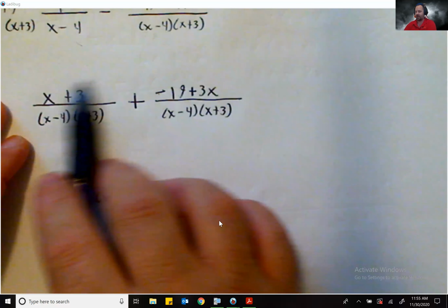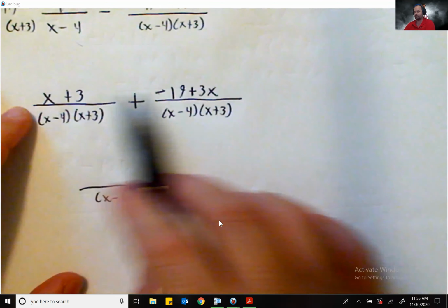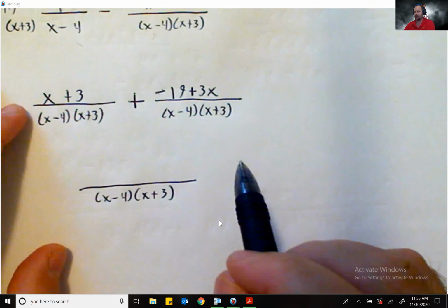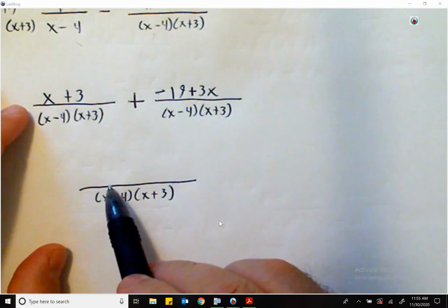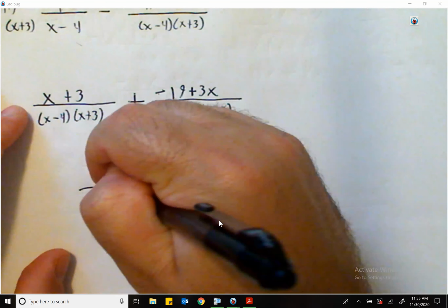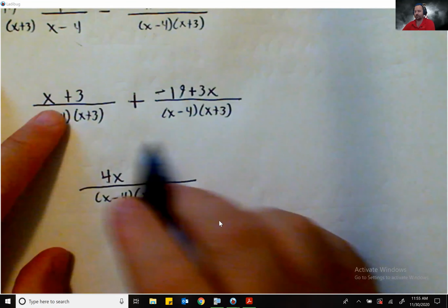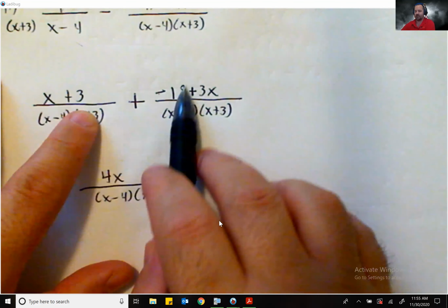So what's coming together up here? 4x, perfect. The 3 and the negative 19 will get together.